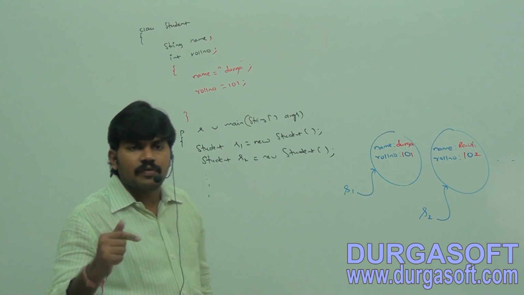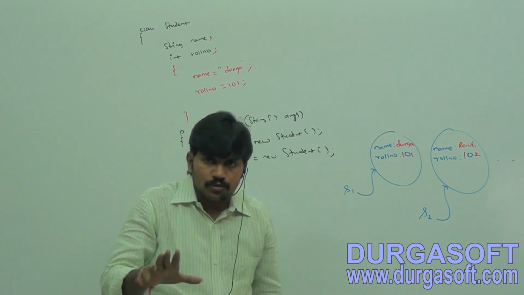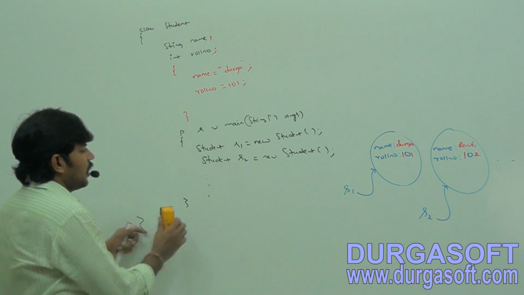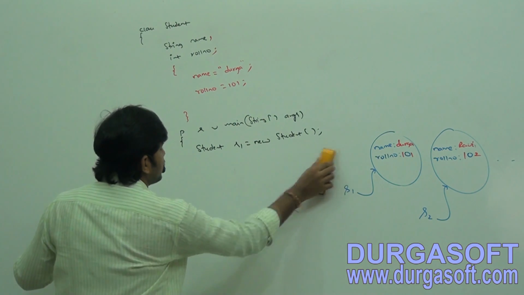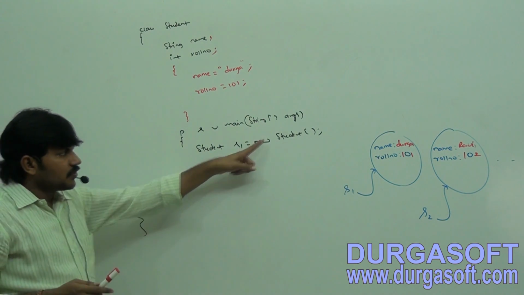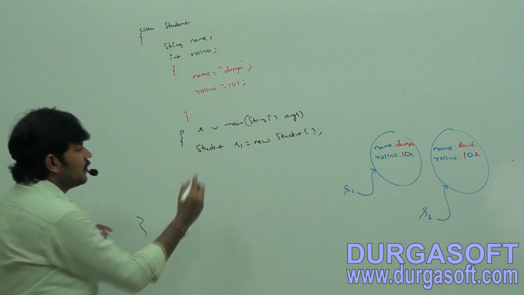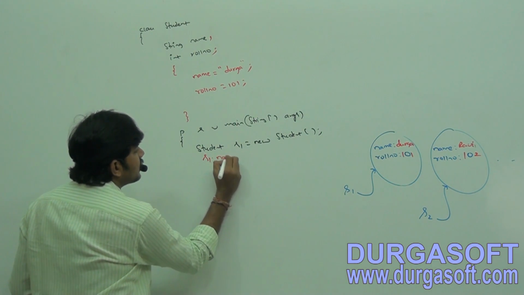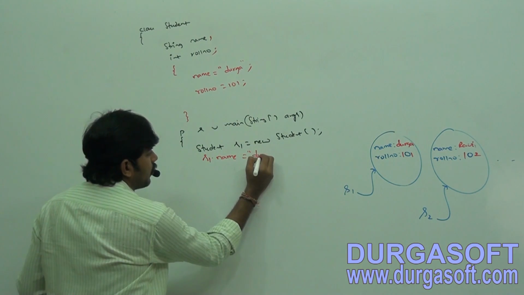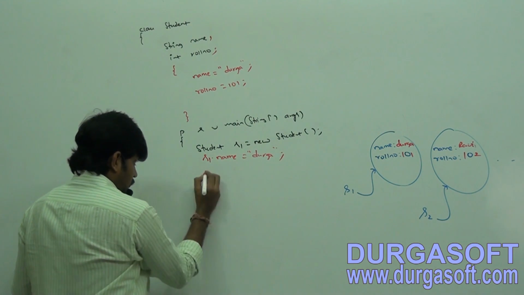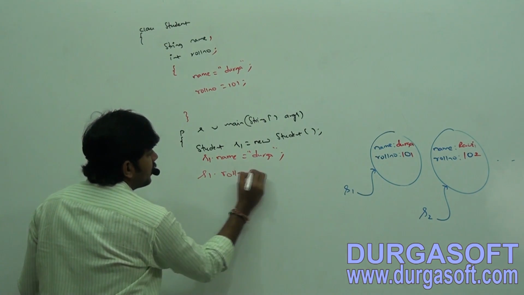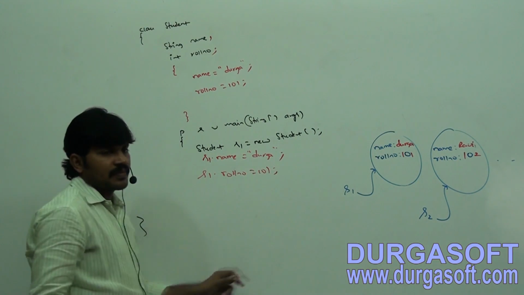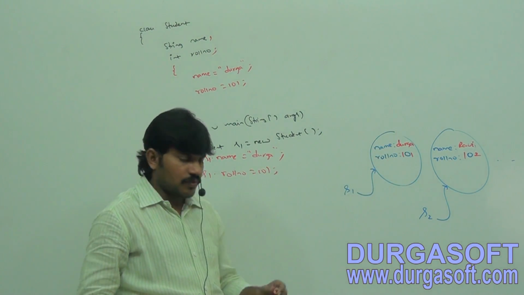Sir, where do we have to perform initialization? There is another solution I will suggest. Student s1 is equal to new Student. Now s1.name is equal to Durga, s1.rollNumber is equal to 101. Sir, Durga 101, clear.